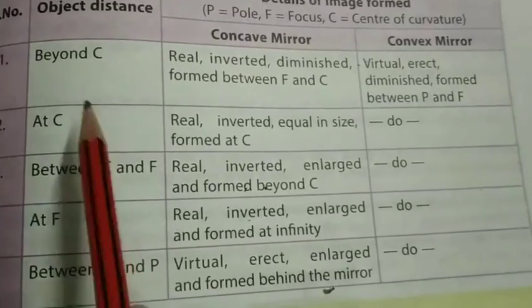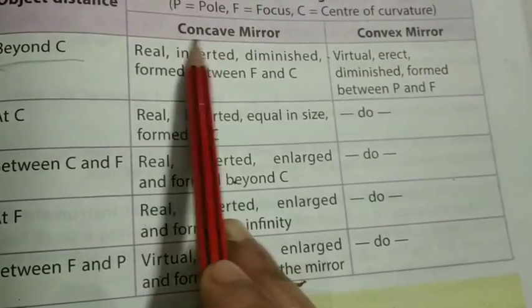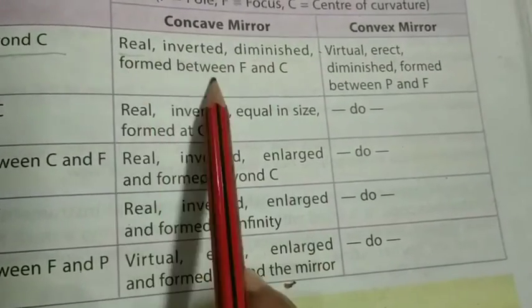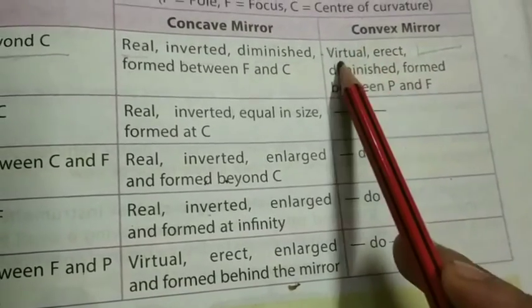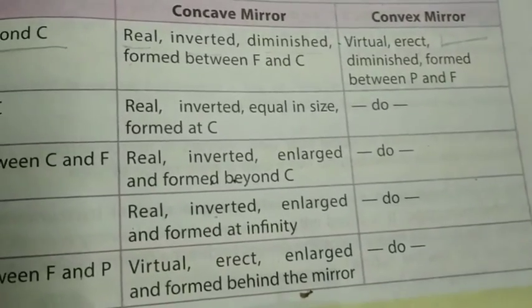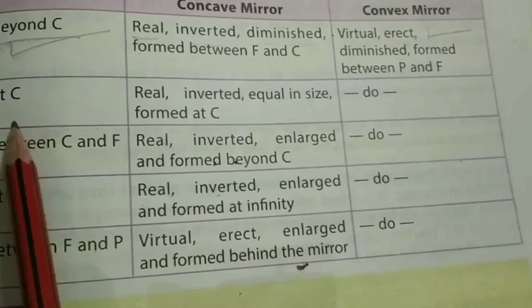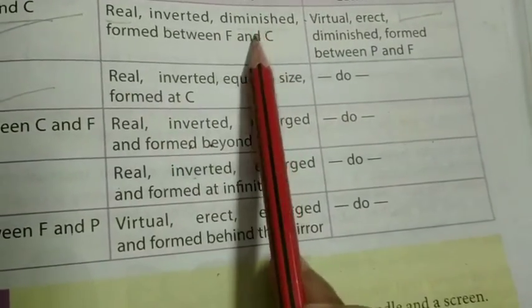So this has been summarized in your book also. You can see that if the object is beyond the center of curvature, in case of concave mirror, its image will be real, inverted, diminished and formed between F and C. In case of convex mirror, it will be virtual, erect, diminished and formed between P and F, pole and focus. अगर at C है यानी कि at center of curvature है, तो concave mirror से कैसे बनेगा?